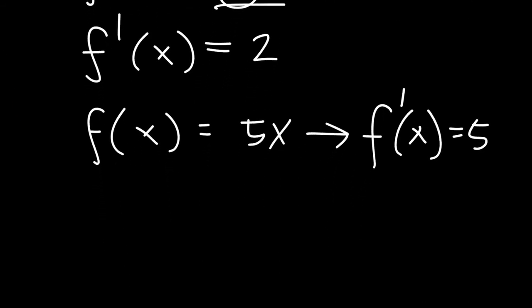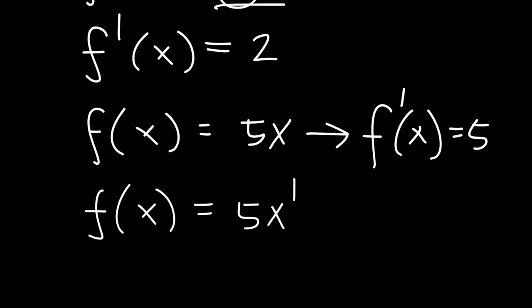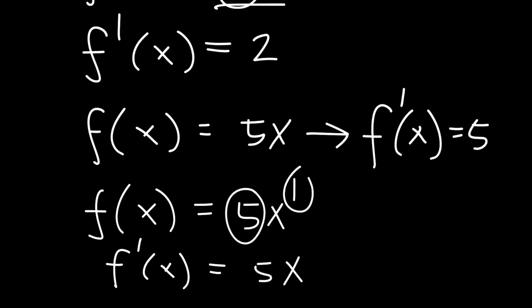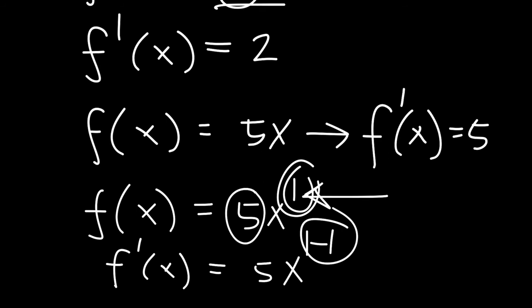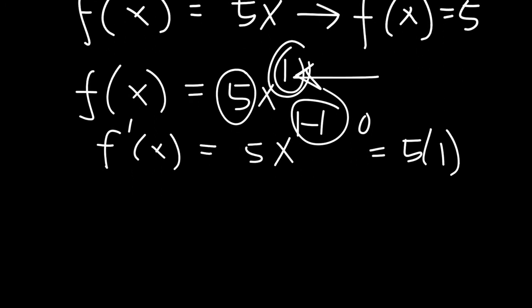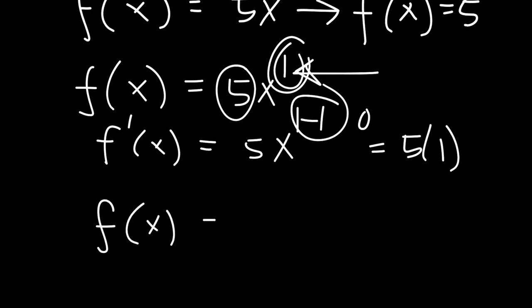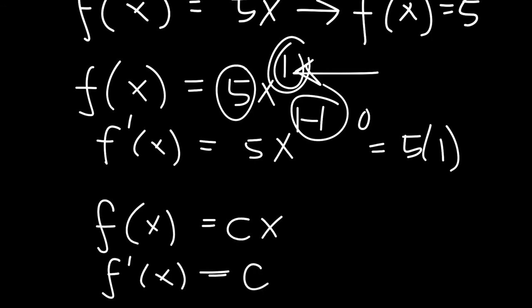The reason behind is, again, by the power rule, 5x to the 1, the derivative is 5 times 1, which is 5, x, and then this will be raised to 1 minus 1. Every time the exponent is 1, the exponent after you get the derivative will become 0. And when the exponent becomes 0, x to the 0 is equal to 1. So 5 times 1 is 5. But that's a long way to do. Once you know that there is a constant before x, the derivative of this function is that constant c.